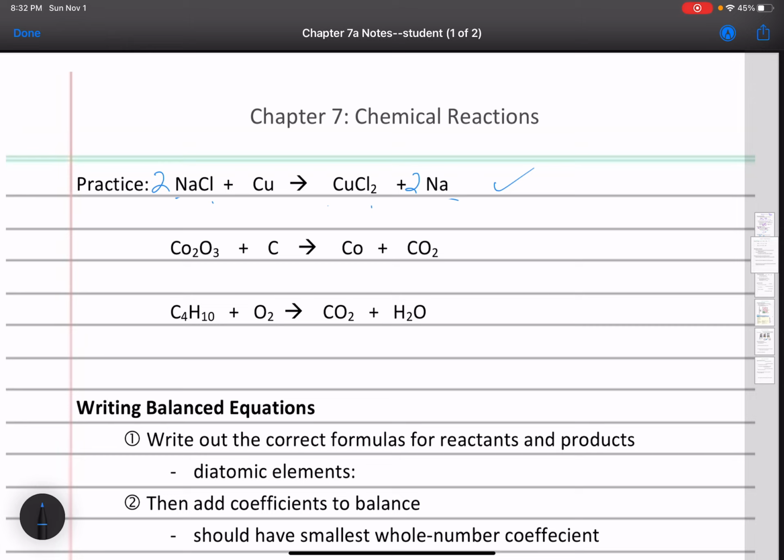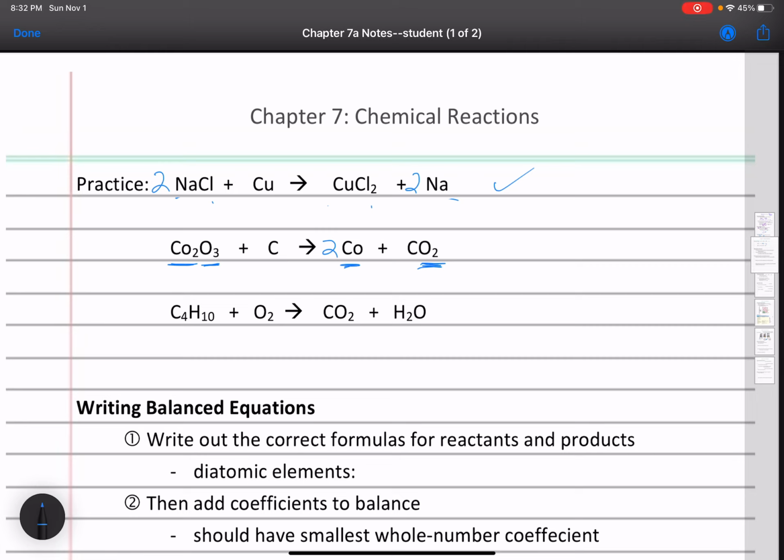All right, now the next one. We've got cobalt oxide plus carbon reacts to form cobalt plus carbon dioxide. So let's see, we've got 2 cobalts here and 1 here. So I'll balance that by sticking a 2 there. And then I've got 3 oxygens and 2 oxygens.